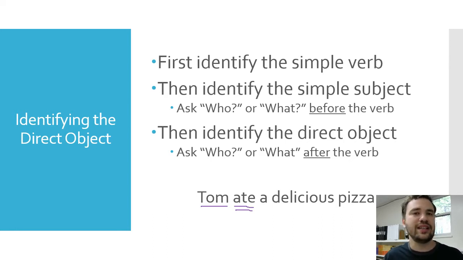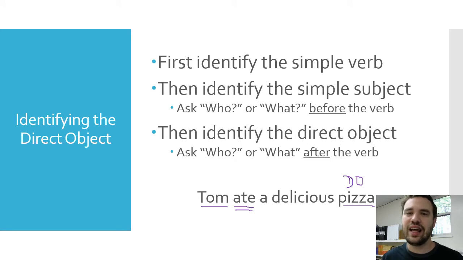Well, he ate a delicious pizza, but we're looking for the simple direct object, and "a" and "delicious" are both adjectives describing the pizza. So really, the simple direct object is pizza. All right, so that's our direct object. So our subject is Tom, our verb is ate, and our direct object is pizza.